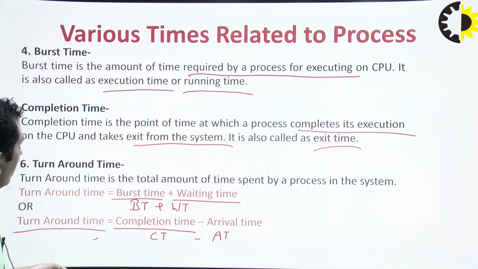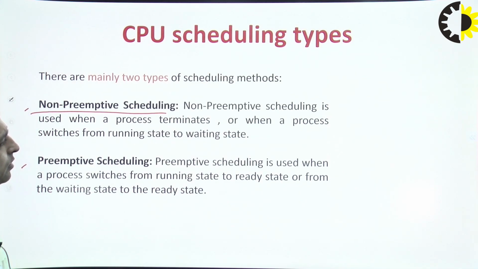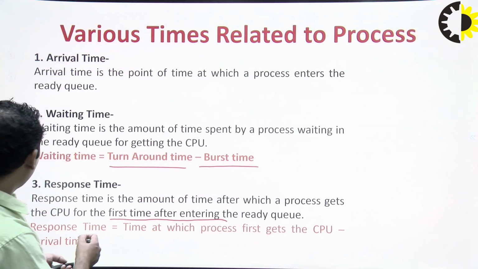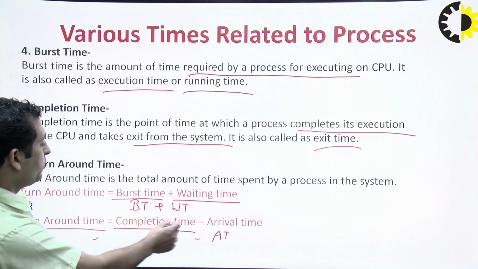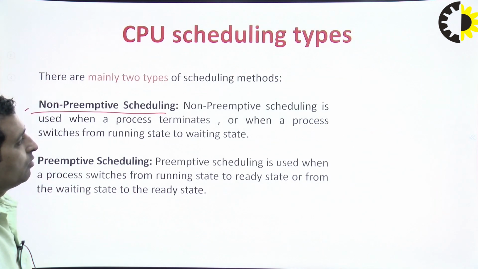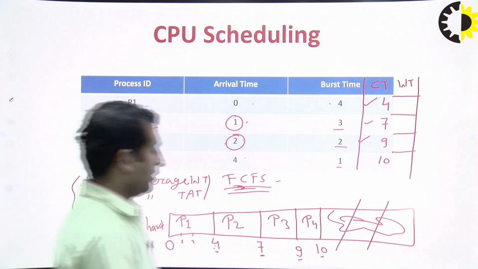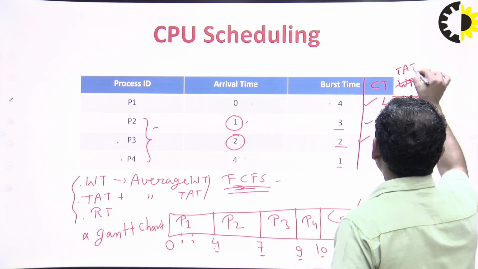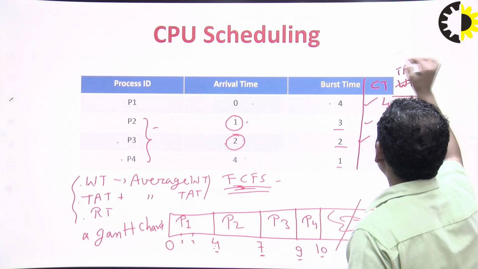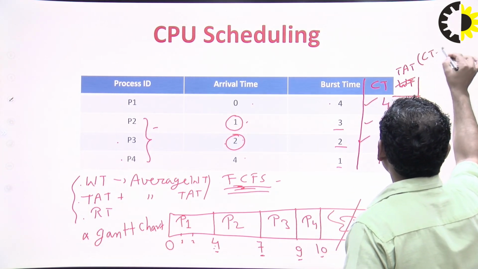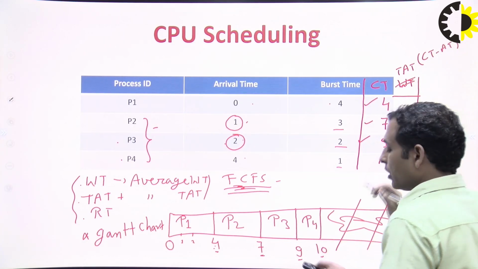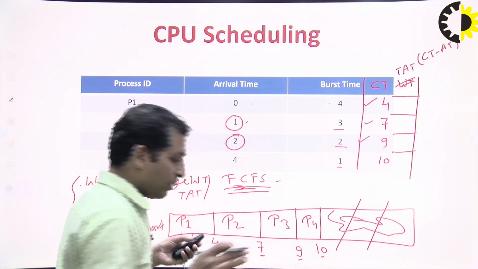So, first calculate the TAT, to make it easy. The TAT formula is CT minus AT. TAT is completion time minus arrival time, meaning the total time the process remains in the system.